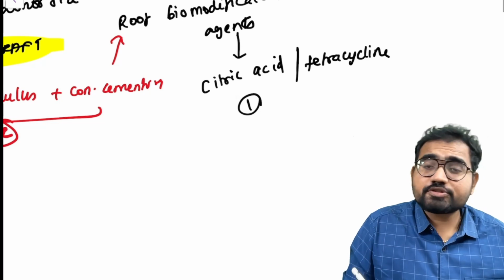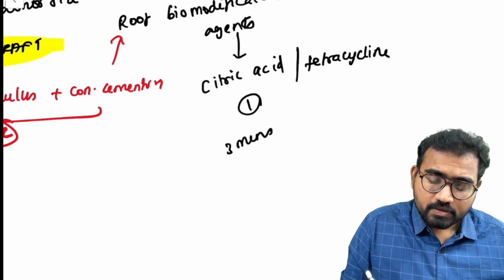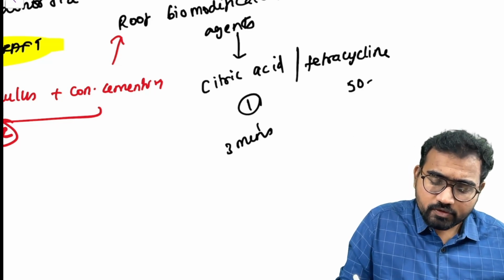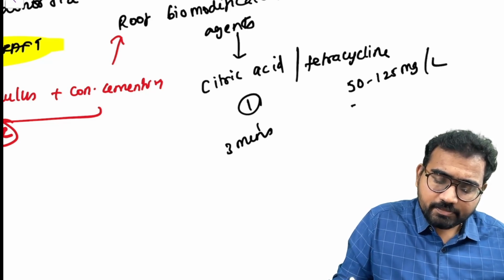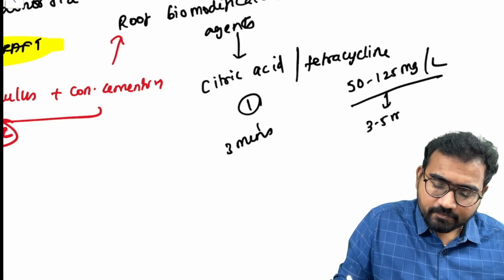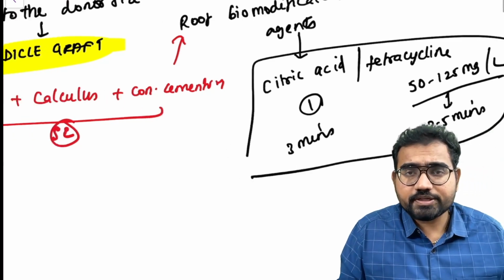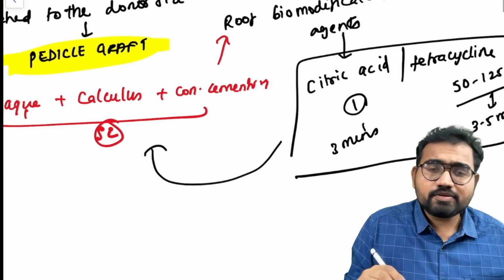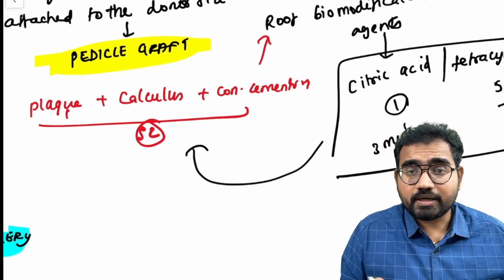Citric acid has a pH of 1 and is kept in place for 3 minutes. Tetracycline of about 50 to 125 mg per liter is kept in place for around 3 to 5 minutes. All these agents are going to remove the smear layer, which is plaque, calculus and contaminated cementum.